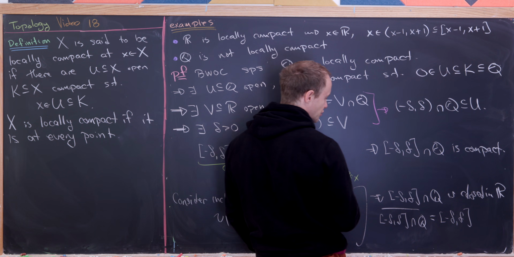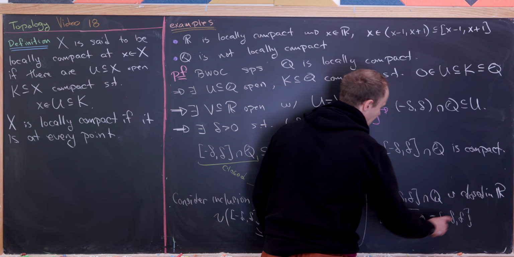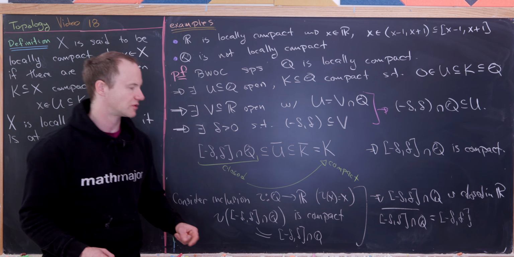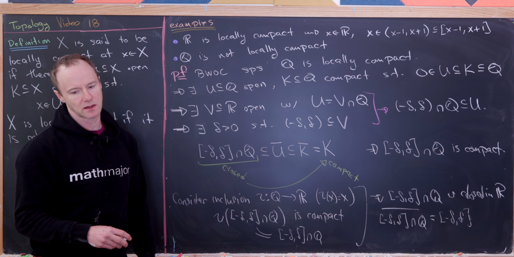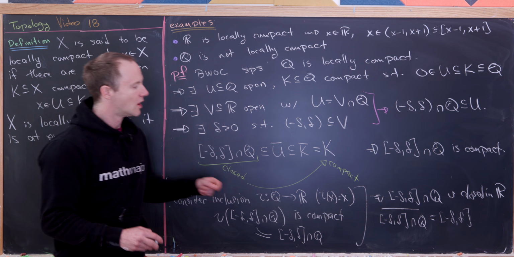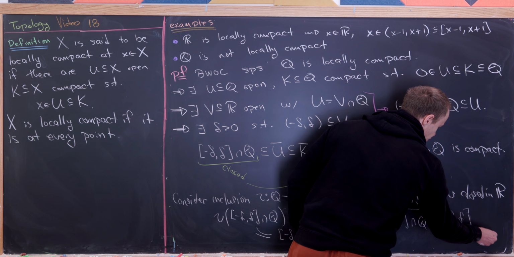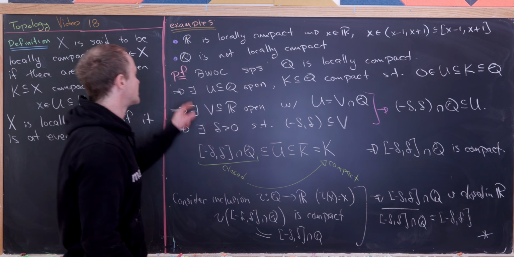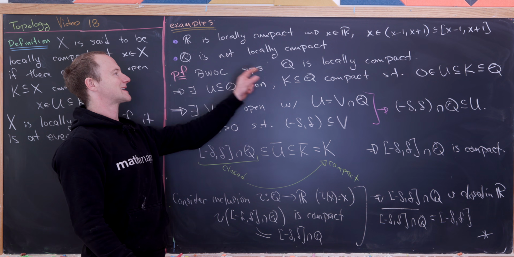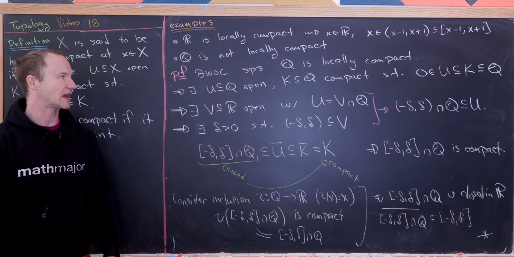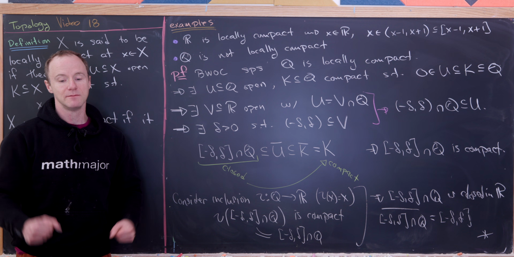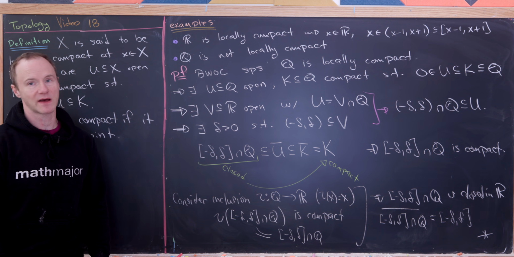But of course, that's a contradiction because we know this thing over here on the right-hand side includes irrational points, but the original thing did not include irrational points. Okay, so again, we got a contradiction here, but that contradicts our original assumption here that Q was locally compact, meaning that it's not locally compact.